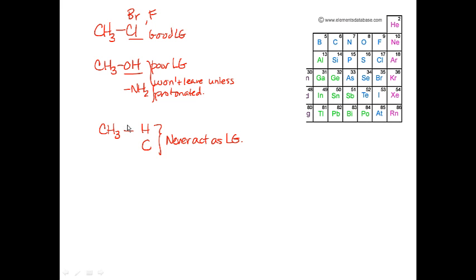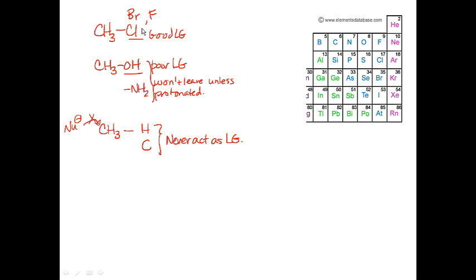So we will never have a nucleophile come in. Some nucleophile will never come in and kick off a hydrogen or a carbon. But this nucleophile could come in and kick off a chlorine, bromine, or fluorine very easily. And that nucleophile could also come in and kick off an OH or an NH2 if that group is protonated first.